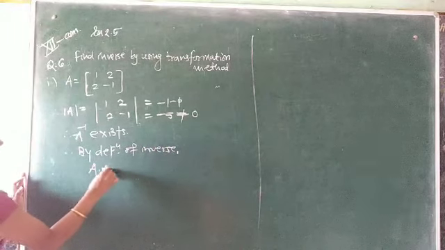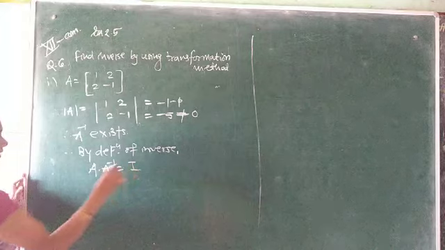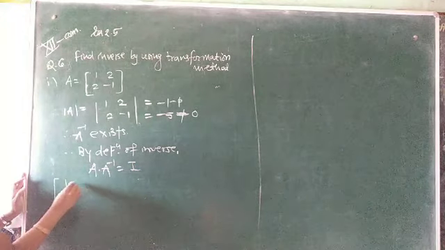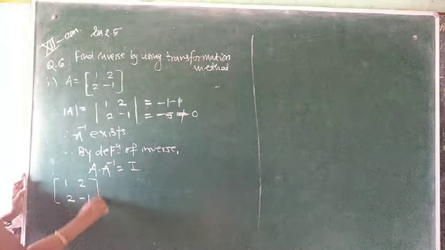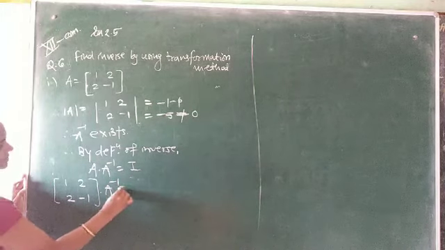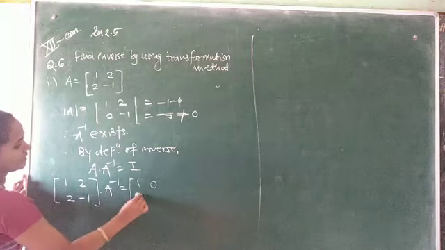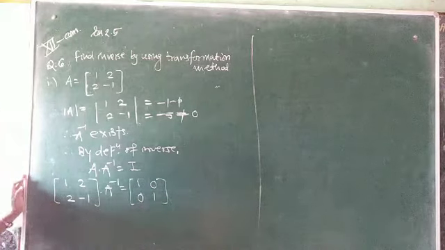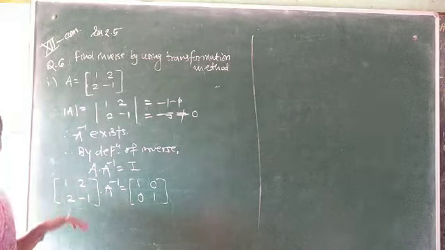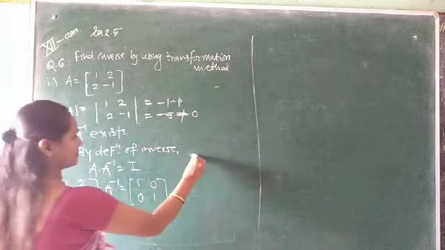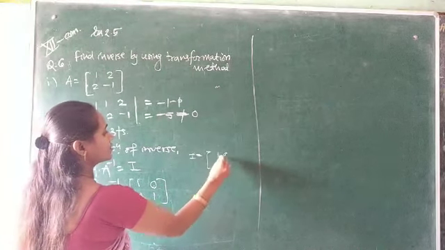A into A inverse is equal to identity, right? A, which is 1 2 2 minus 1, into A inverse is equal to the identity matrix 1 0 0 1. Now we have to convert the matrix A into the identity matrix, that is 1 0 0 1.